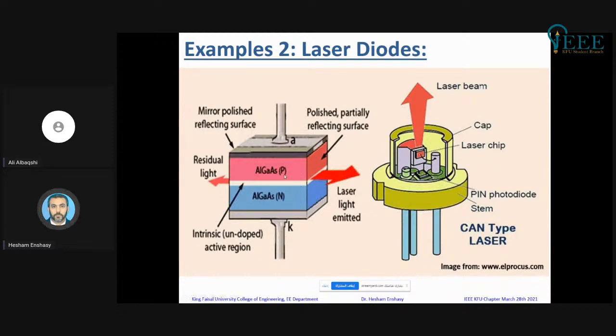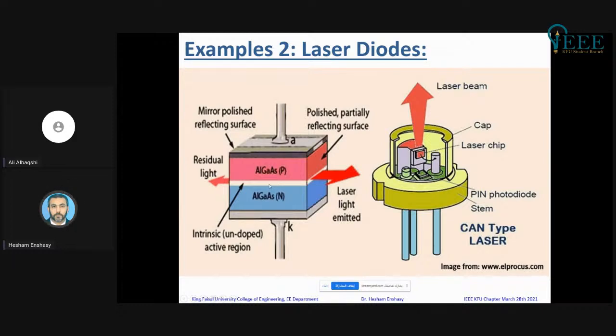So if you stack p-type material with n-type material and you inject current through this diode, then you may generate laser light out of it. The laser light will come from the area in between the P and the N, which we call the junction area. And most of the time, this junction area is a third layer.